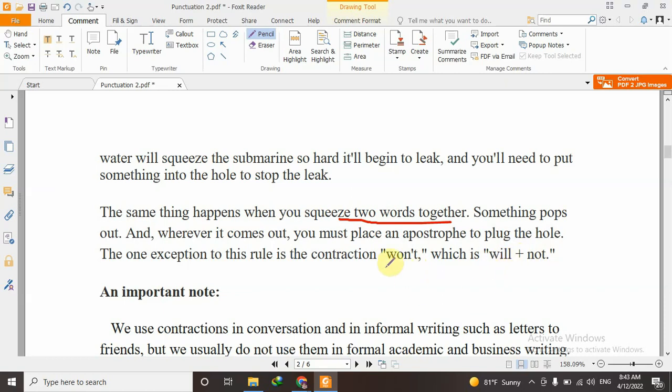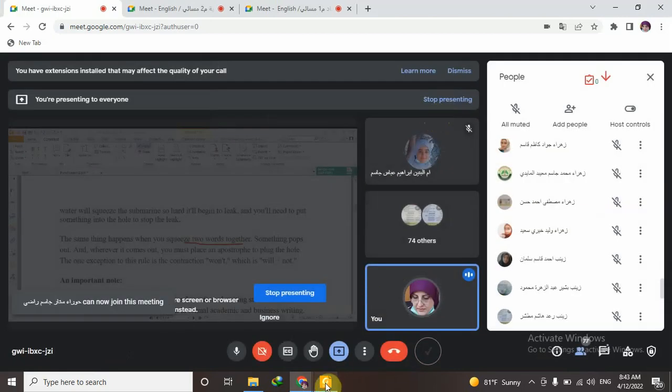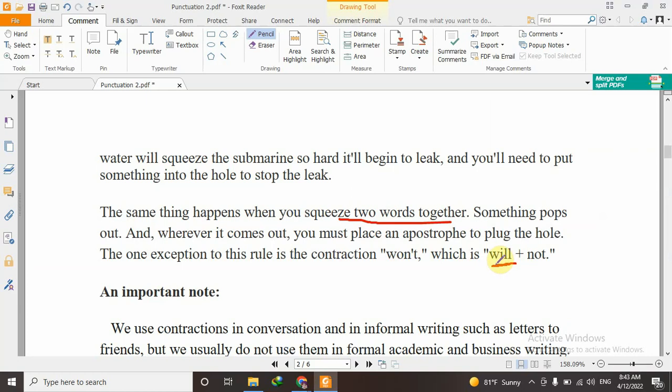It was something similar to this, but you know that language changes all the time. So with the changing of the language, it becomes will. Will, okay, and the contraction of this word stays as it was in the past. It doesn't change. We changed the full form, and the contraction wasn't changed. It stayed as it is.